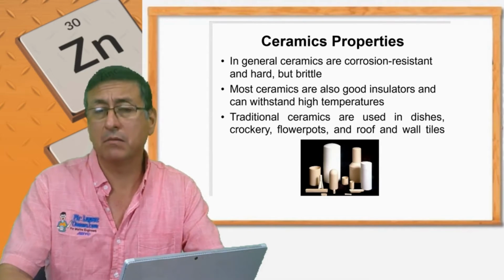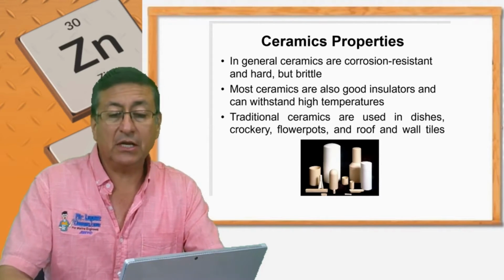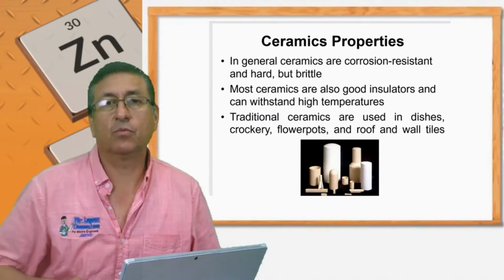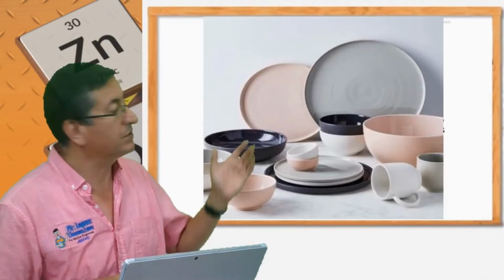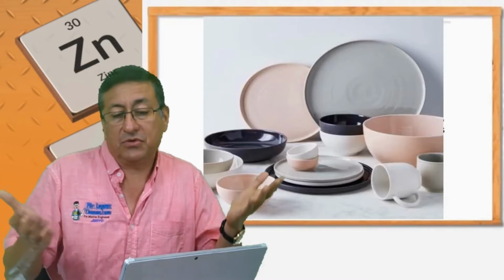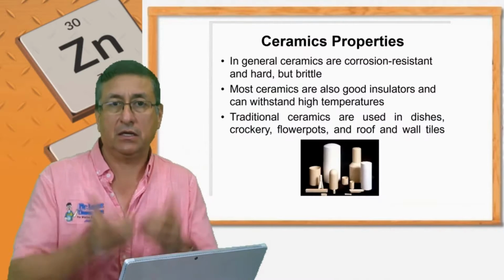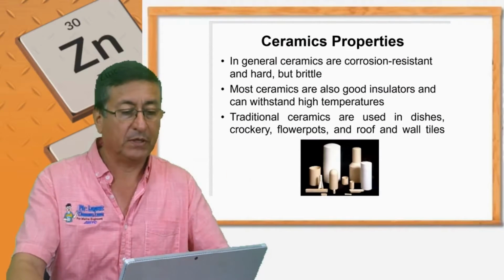Because of the higher melting point. The traditional ceramics that we know are used in dishes, in roof insulators, in wall tiles, a lot of applications that are commonly used in our neighborhood, in your home, in your industry.